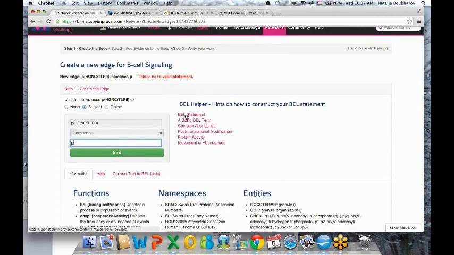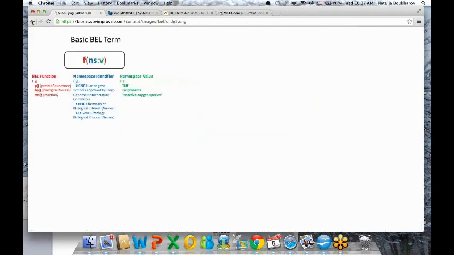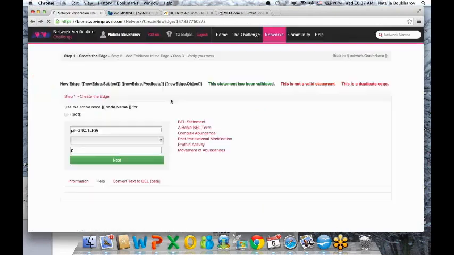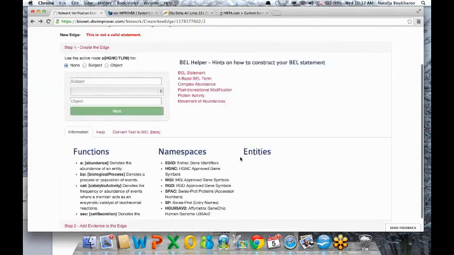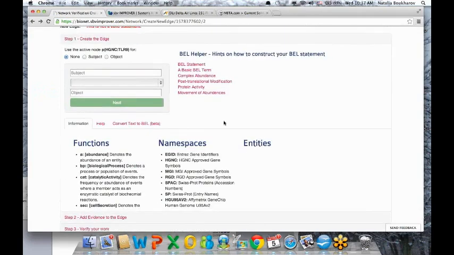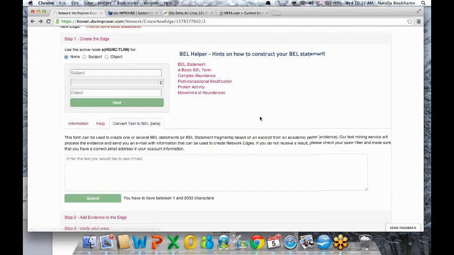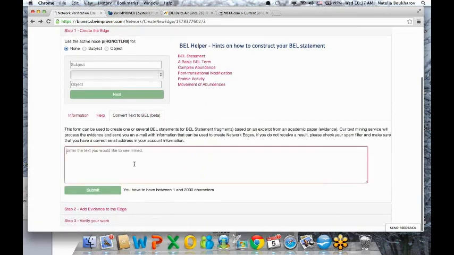If you are still not sure, on the right here there is how to make a Bell statement, a basic Bell term. It shows you how you are supposed to formulate it. It gives you some of the Bell terms here. And then if everything fails and you are still not sure how to extract a Bell term from the paper that you have selected, you can go to convert text to Bell, and there is a window here where you can just paste the quote that you want to convert to Bell and submit it.